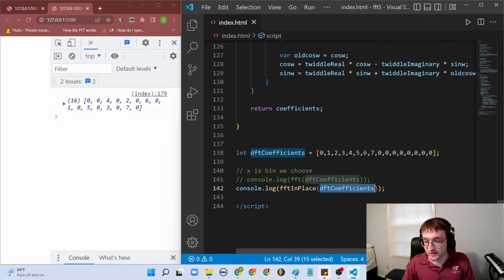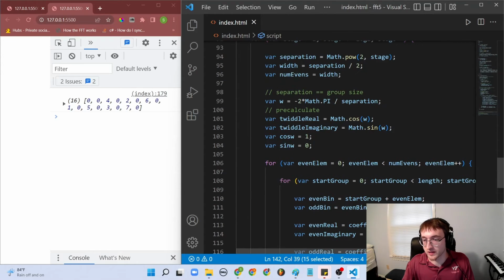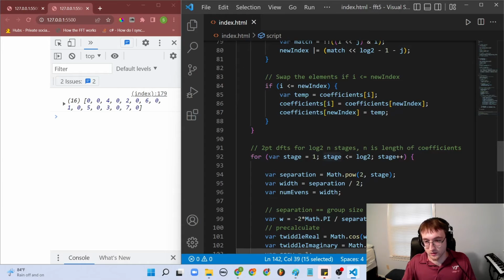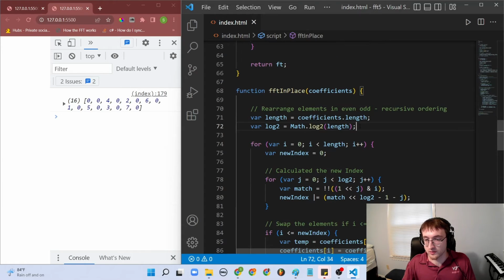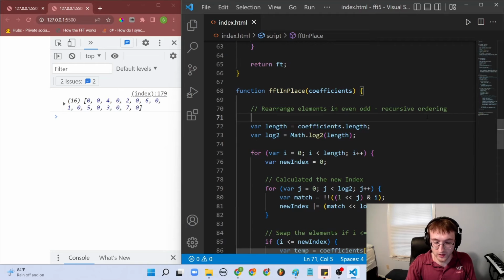We're sending in now this array, so now we just need to update everything in here. And so there are some things we have to fix. First off, this length is not correct anymore. So really the length is going to be half of the input length. So I'm just going to divide this by 2 because the second half contains imaginary components.